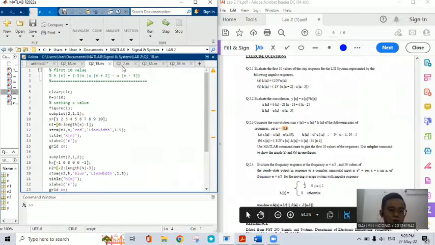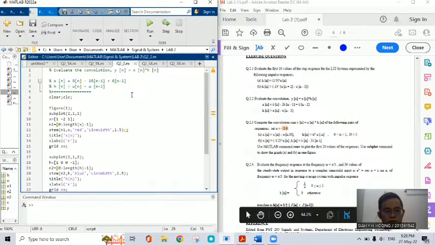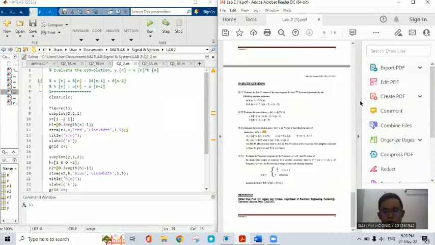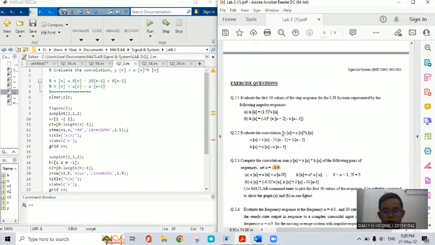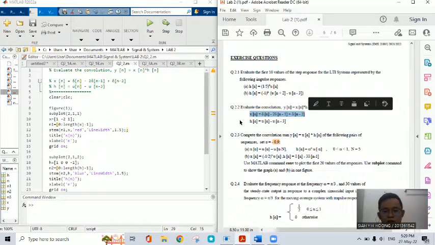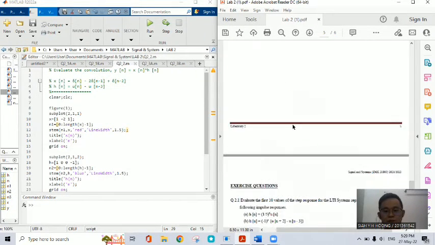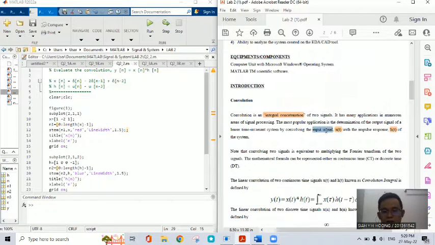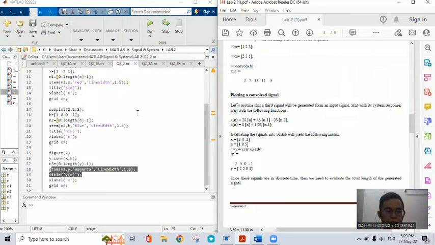So for 2.2, the question has given us this expression. This is the formula of convolution, this is the X signal, and this is the H signal. The X signal is known as the input signal, and the H signal is known as the impulse response.